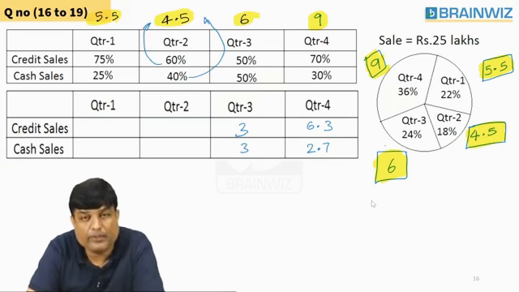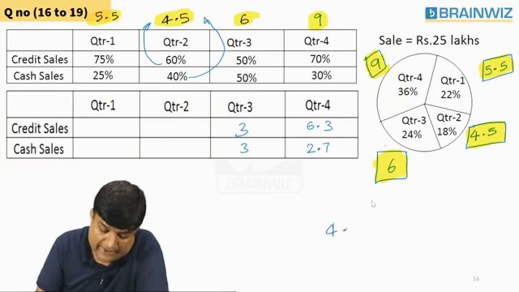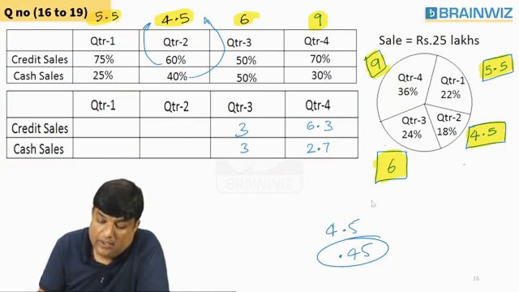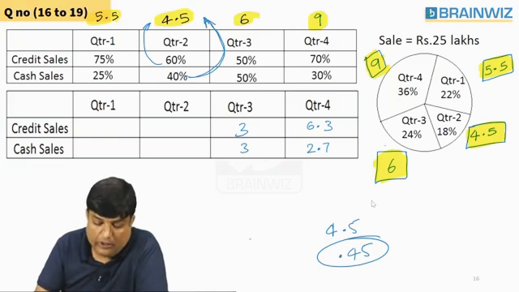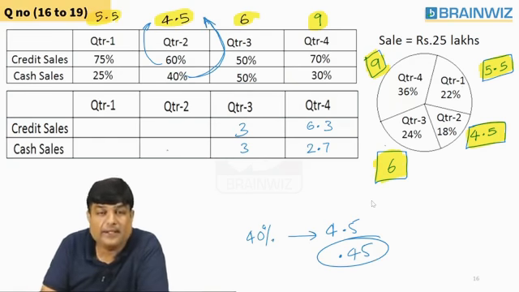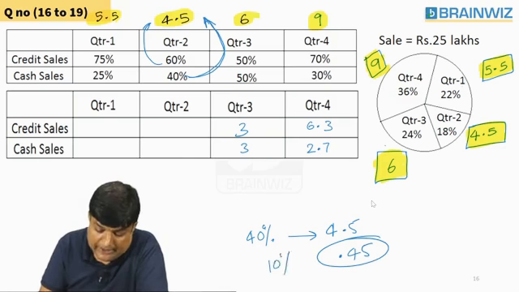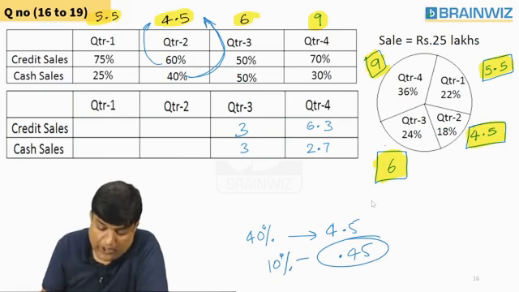Following, everybody, 40% of this thing. I don't know what is 10%, guys. 10% of 4.5 lakhs is 0.45. This is 100% now. 40% of 4.5. 10% is 0.45. 20% is 0.9.